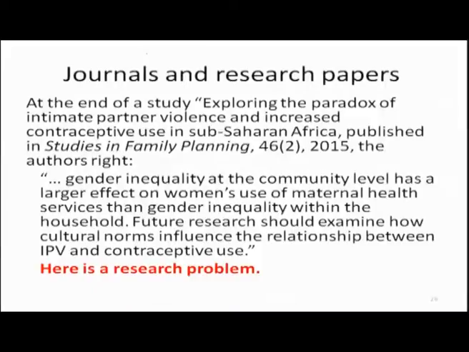Future research should examine how cultural norms influence the relationship between IPV and contraceptive use. Now, here is a research problem.